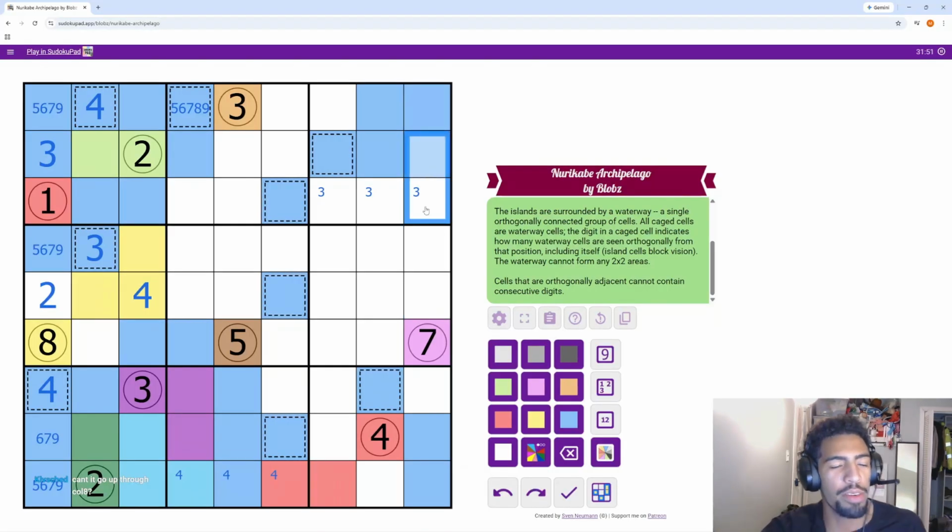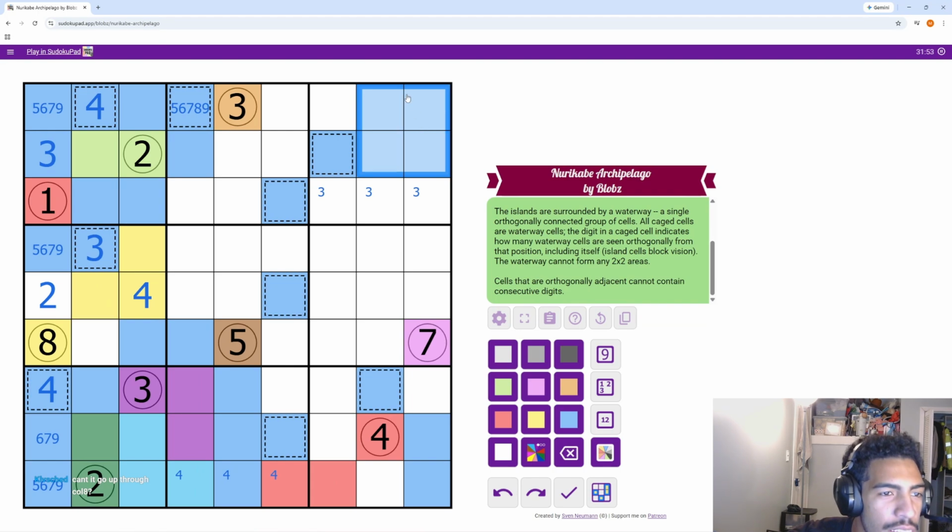Yeah. So I don't want to make all this pink. But I know that I can't have this all blue, and the 7's the only island that can peek into this 2x2. So one of these is pink.